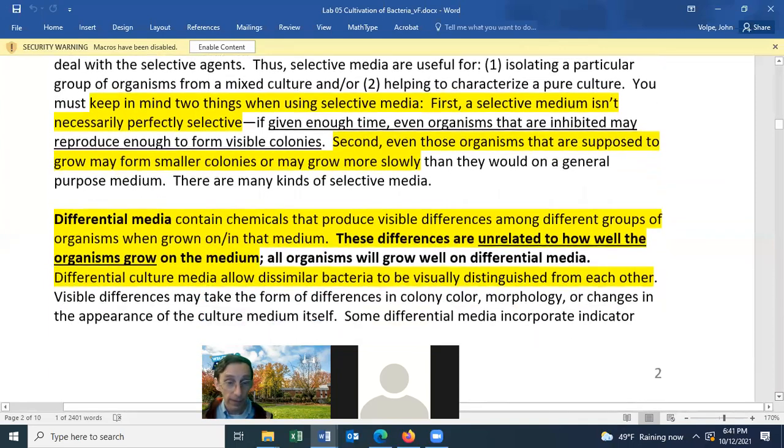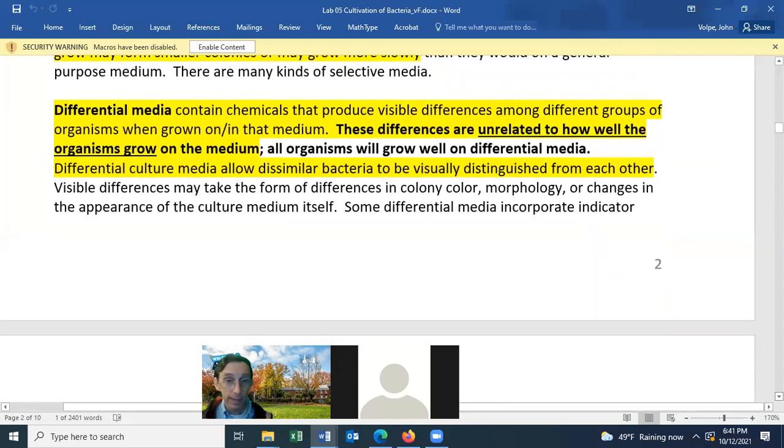There's also differential media. It too contains chemicals, but these chemicals don't select for different things to grow. They allow us to see visible differences among different cells, different species. These differences are unrelated to how well the organism will grow on the media.